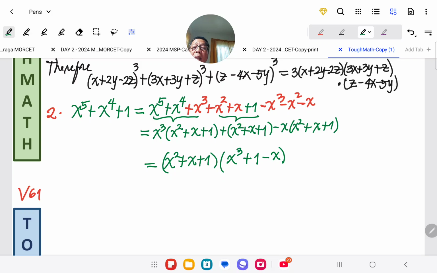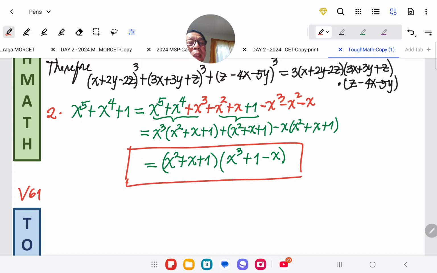Okay, so this is now the factored form. We can no longer factor this further. So this is the last step. And in the first problem, this is our factored form.